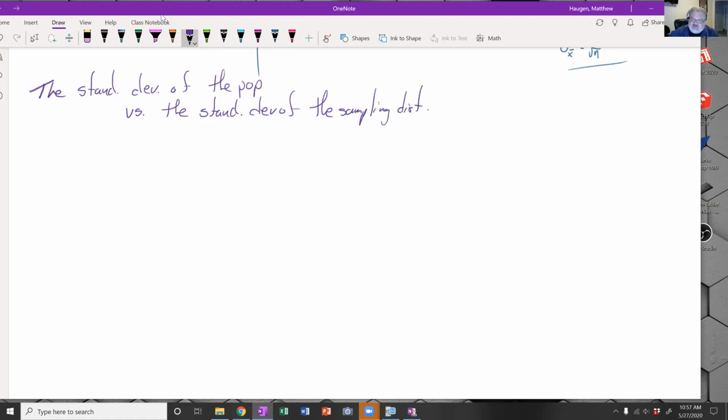And the reason that's inconvenient is, well, it's a mouthful. And when we want to be able to say standard deviation and know which one of those we're talking about.